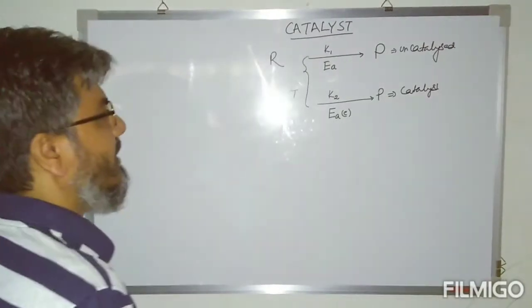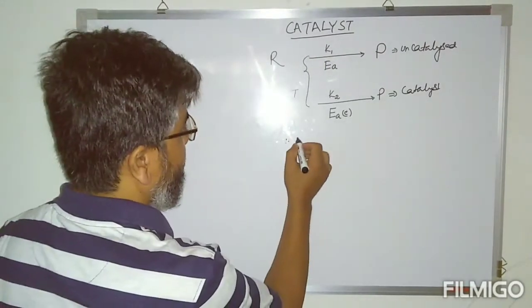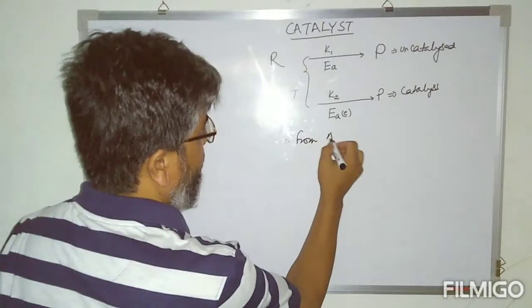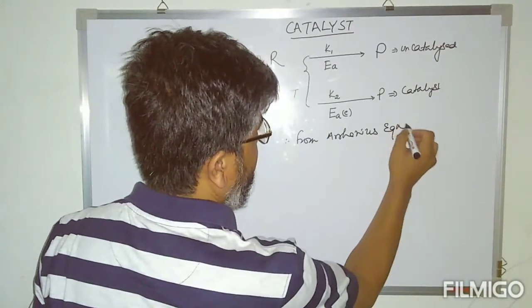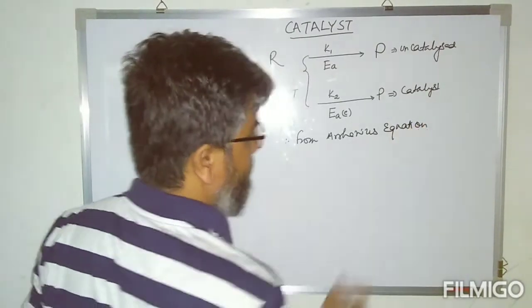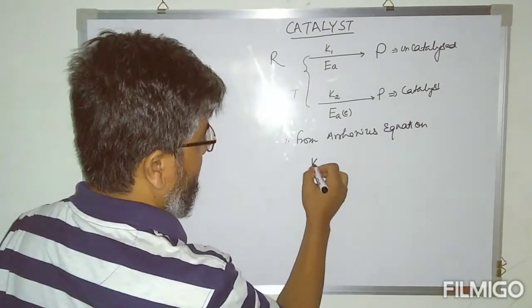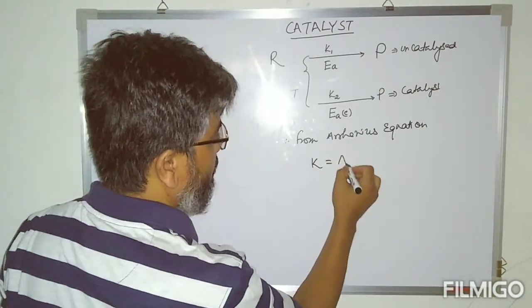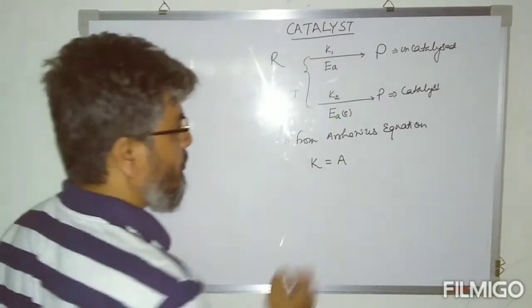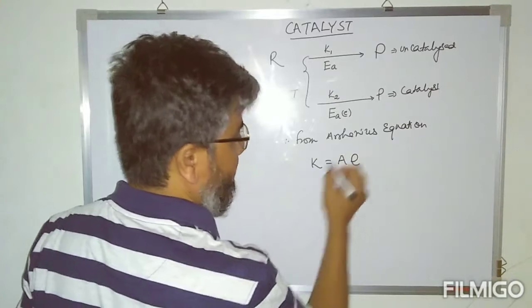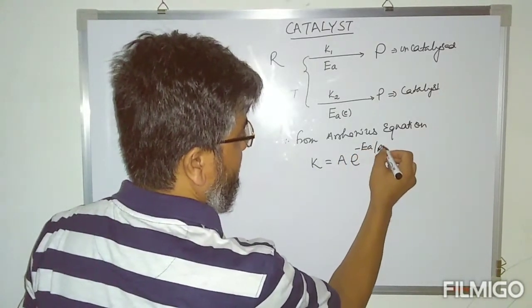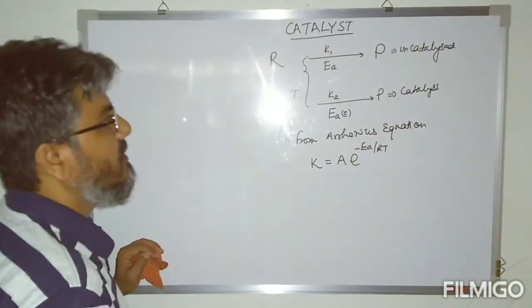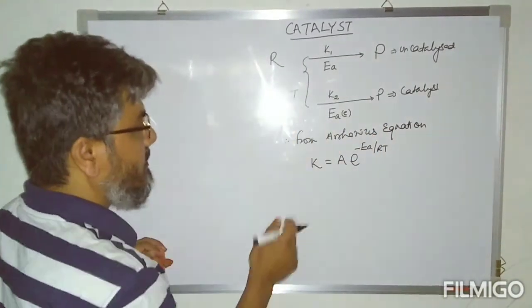Now, we have the Arrhenius equation, which says K is equal to A exponential raised to the power minus EA by RT.